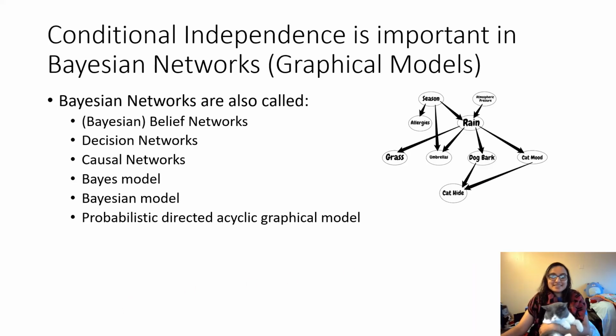So this idea of conditional independence is actually quite important in Bayesian networks, which are also known as graphical models. Apart from graphical models, they could also be called Bayesian belief networks, decision networks, causal networks, Bayesian models, and even probabilistic directed acyclic graphical models. So they have quite a lot of names here.